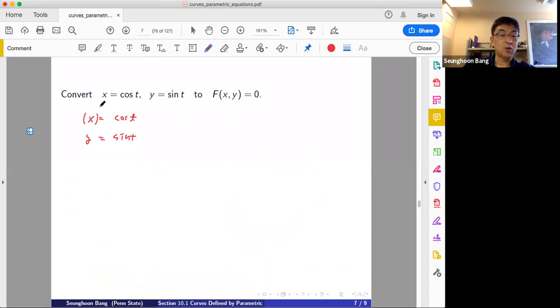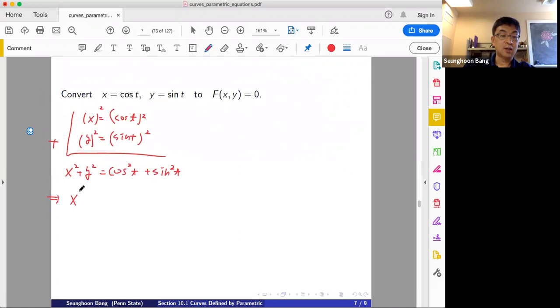I want to square both sides, and then you can add them. Cosine squared of t plus sine squared of t.